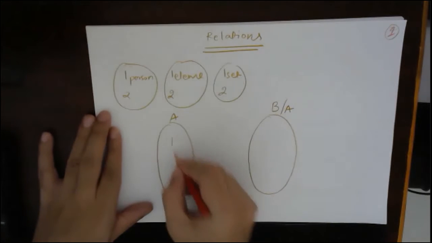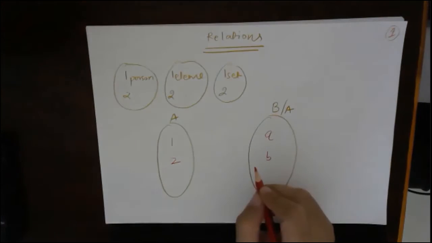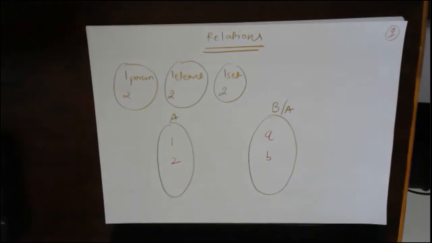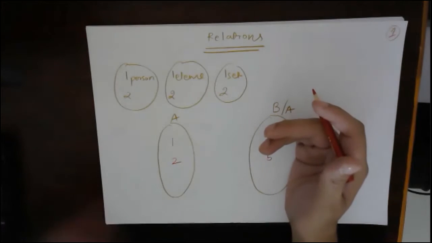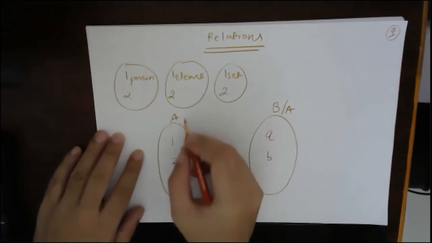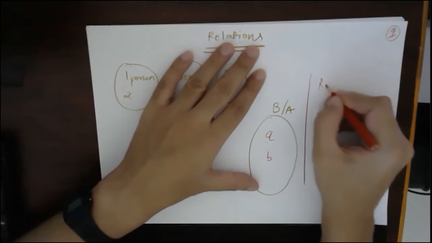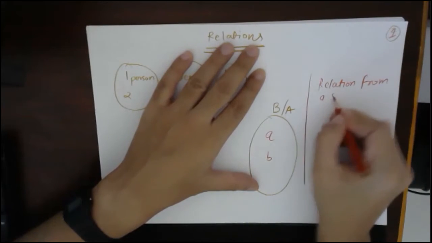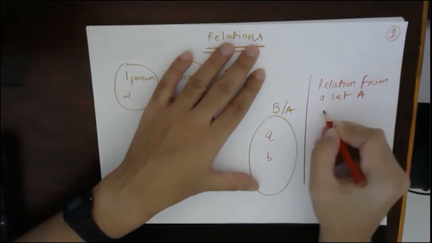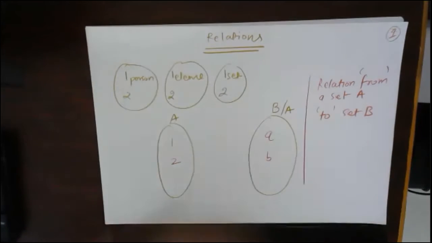Let's say that A has elements 1, 2, and set B has elements a and b. Now listen very carefully: I'm talking about a relation from set A to set B. This "from" and this "to" are very important.